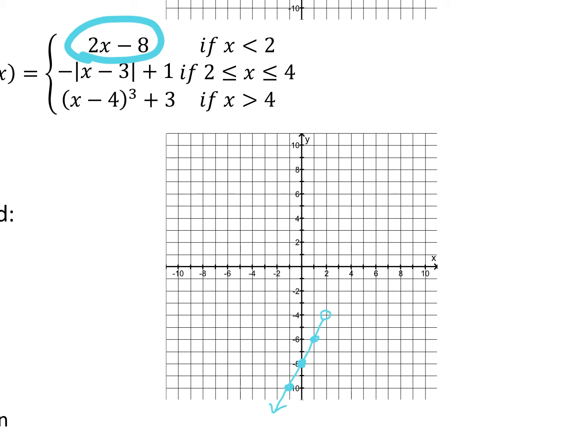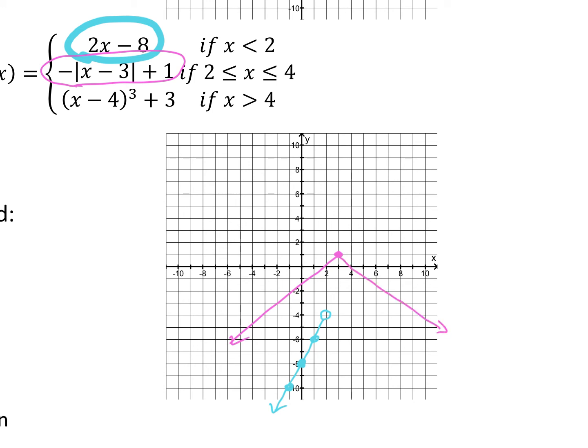So-so? All right, let's look at the second one then. What is this guy? It's an absolute value function. It has a couple transformations on it. Which way is it moved? Right 3, up 1, and upside down. So I'm going to take my absolute value, go right 3, up 1, starts here, and it goes like this-ish.